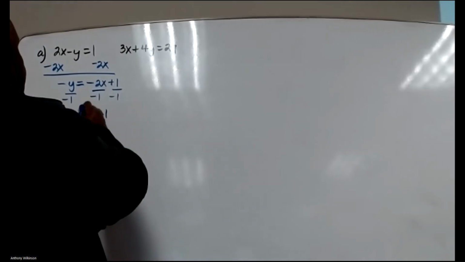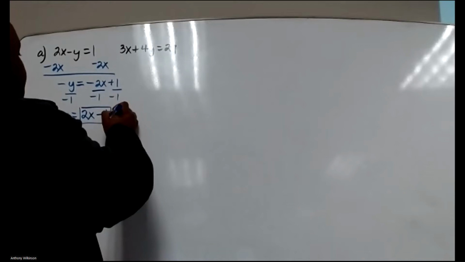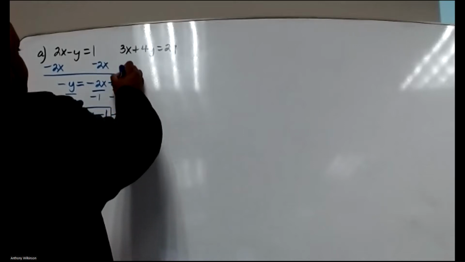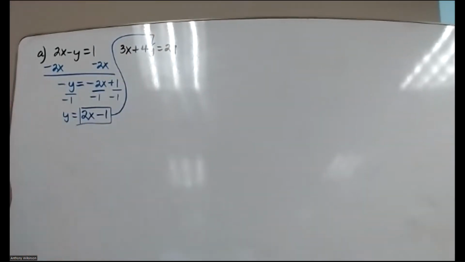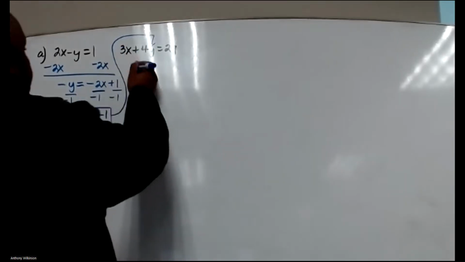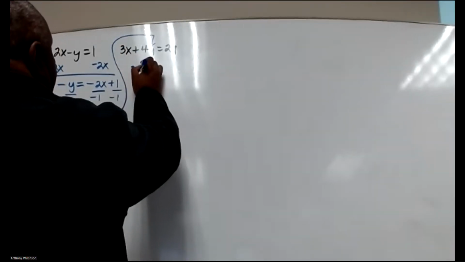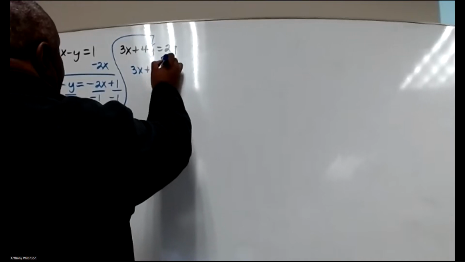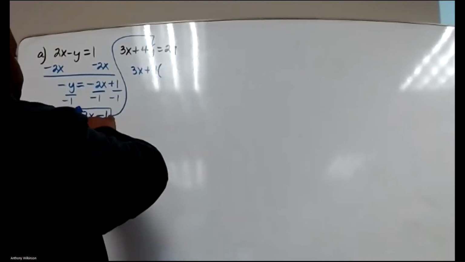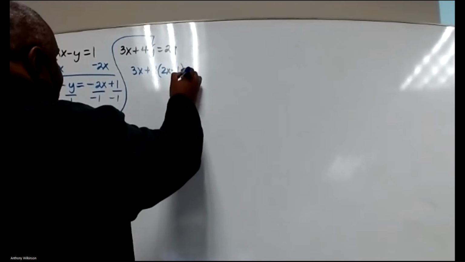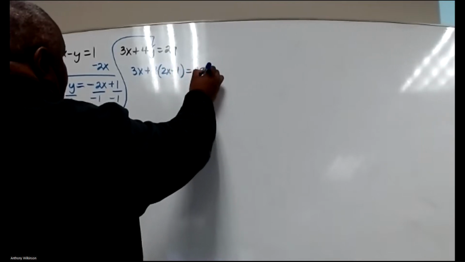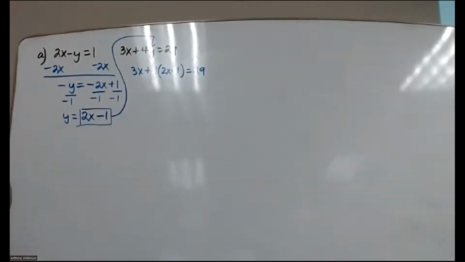So 2x minus 1 will be substituted for this y in the other equation. So here's what I'm going to have. Bring down the 3x plus 4 times (2x minus 1), and that's equal to 29.